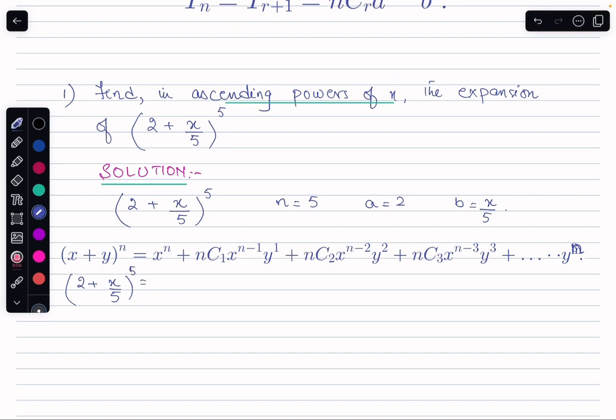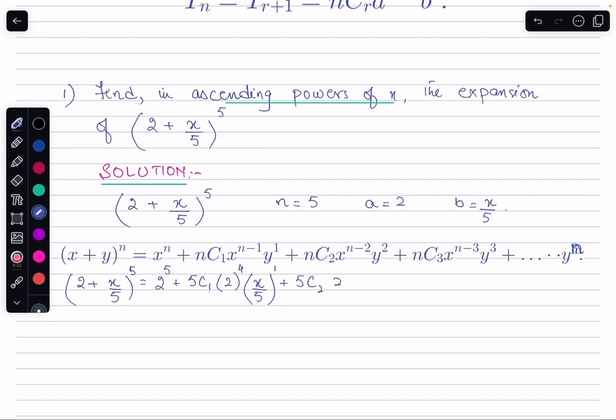So I should say my first term is 2 to the power 5. Then it should be 5C1, which is 5, and then 2 here should be reduced as 5 minus 1, that is 4. y is x by 5, and this is to the power 1, same as the restriction. Then I have 5C2.